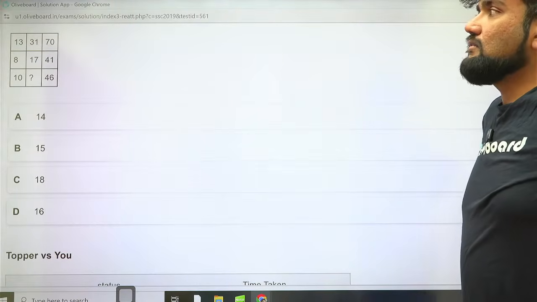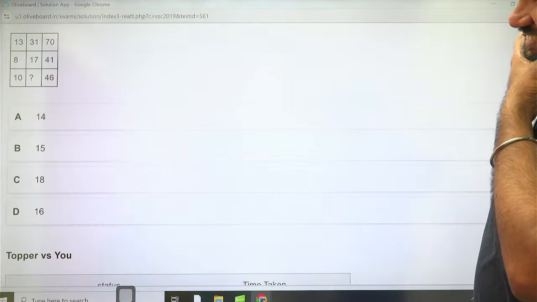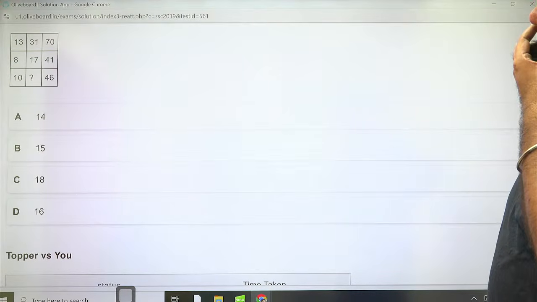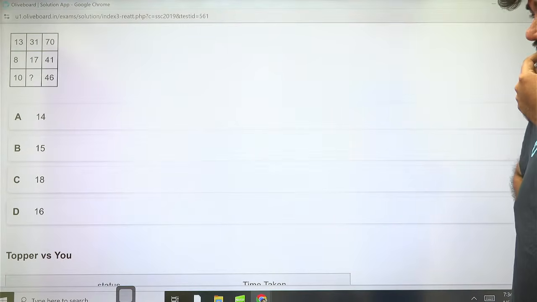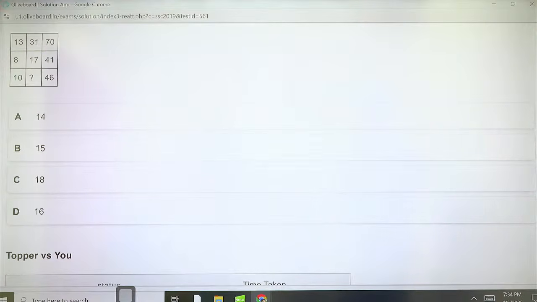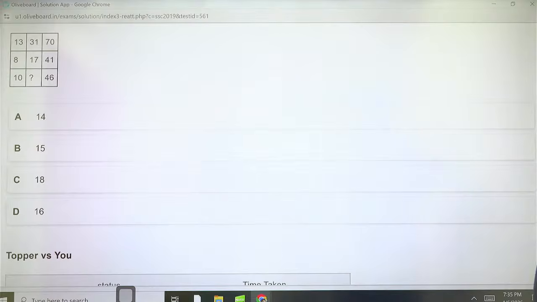No. 13 and 31, any difference is useful here? 13 into 2 is 26 plus 5. 88 into 2 is 16 plus 1. No. That's not how it's working. What else can be done here? Okay, column wise, anything?